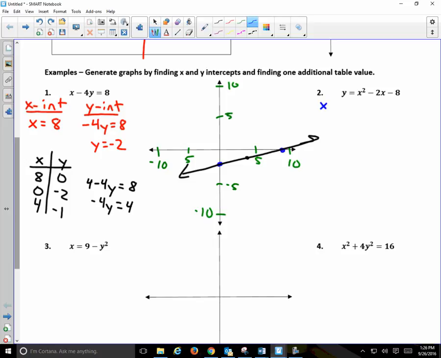Great. So let's find the x-intercept. You plug in 0 for what? So 0 equals x squared minus 2x minus 8. Oh no, what to do? Factor. And I get 4 is an x-intercept and negative 2 is an x-intercept.